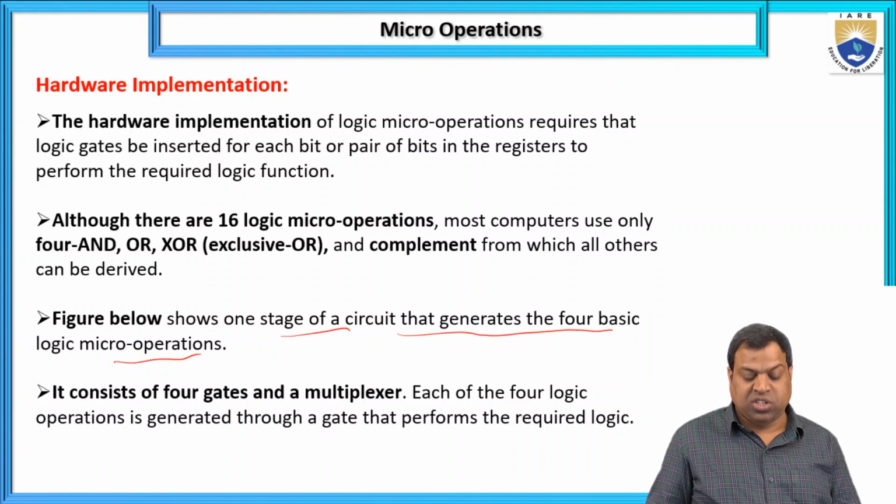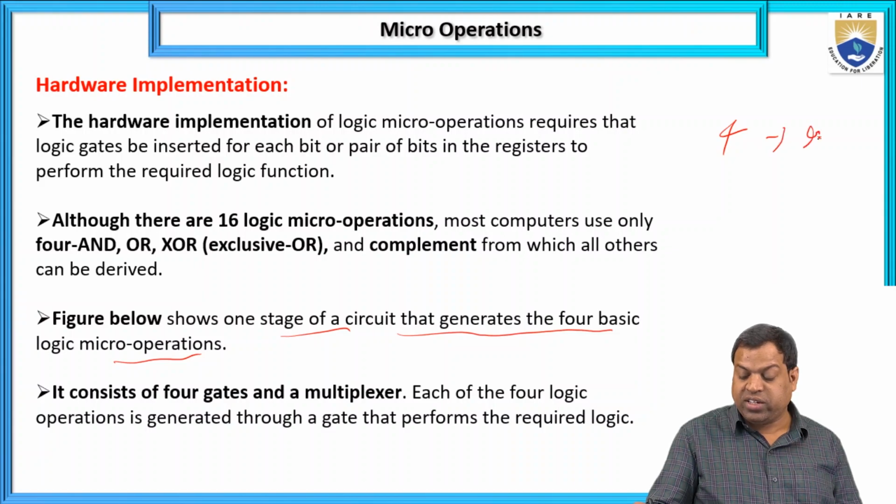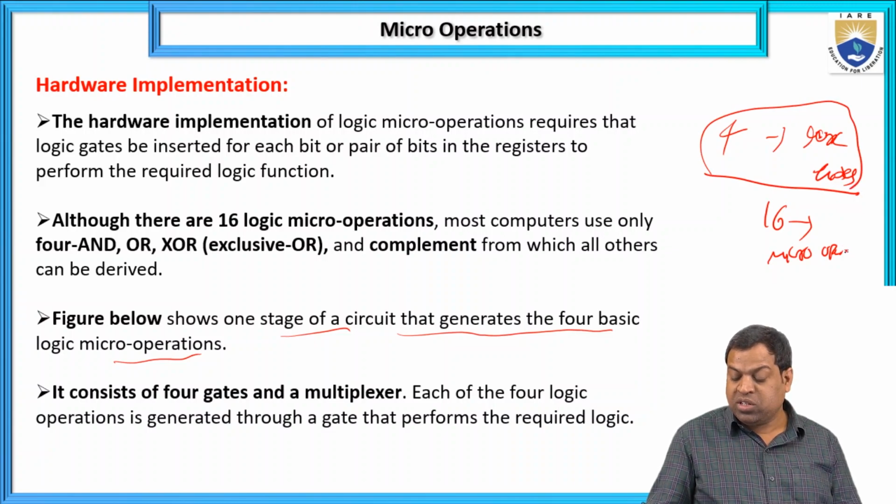Each of the 4 logic operations is generated through the gate that performs the required logic. In the hardware implementation, we are majorly taking 4 gates. 4 logic gates are performing 16 microoperations.